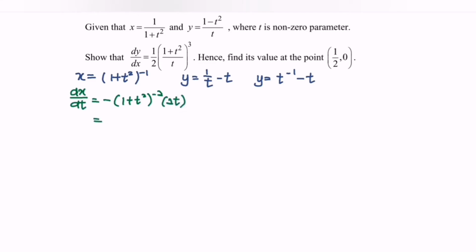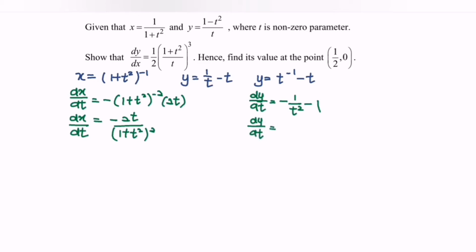If we simplify, we will have negative 2t over (1 plus t squared) squared for dx/dt. For y, we will have dy/dt equals negative 1 over t squared minus 1. If we simplify, dy/dt will be equal to negative (1 plus t squared) over t squared.